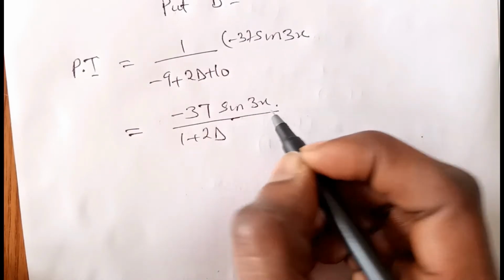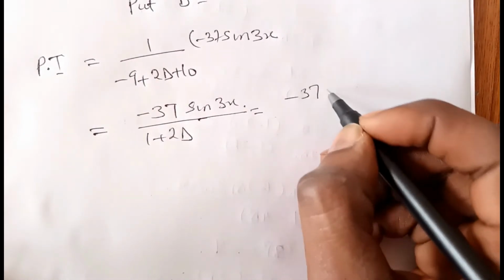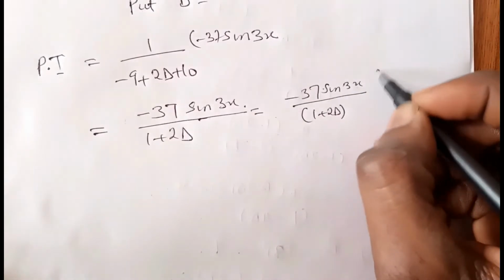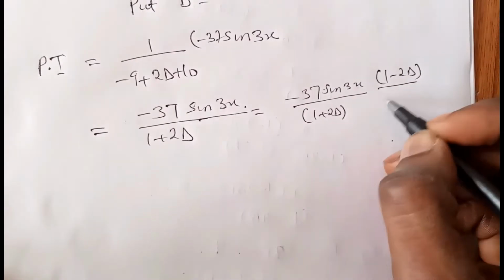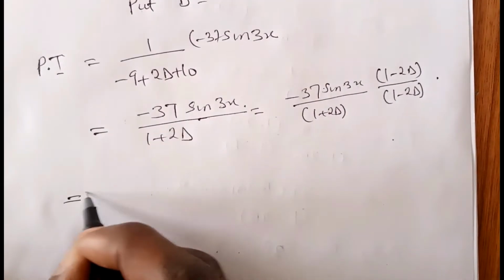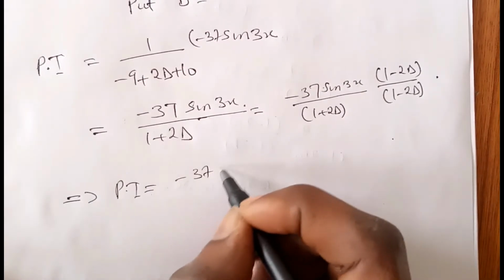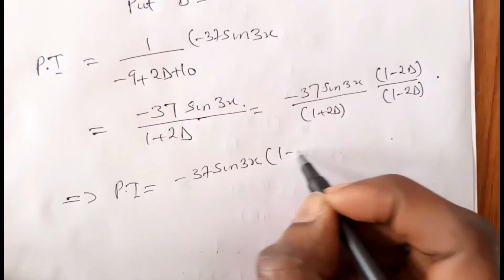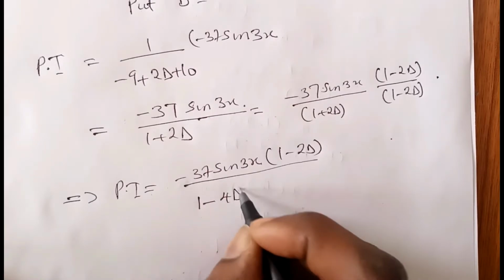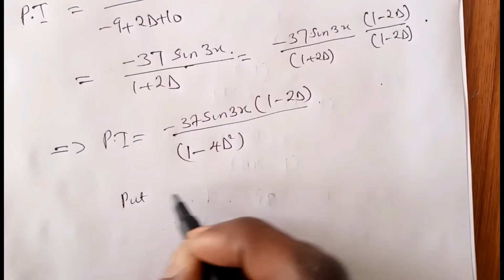So taking the conjugate, this can be written as minus 37 sine of 3x over 1 plus 2D, then multiplying by 1 minus 2D on top and bottom, and then the particular integral will be minus 37 sine of 3x into 1 minus 2D, all divided by 1 minus 4D squared.